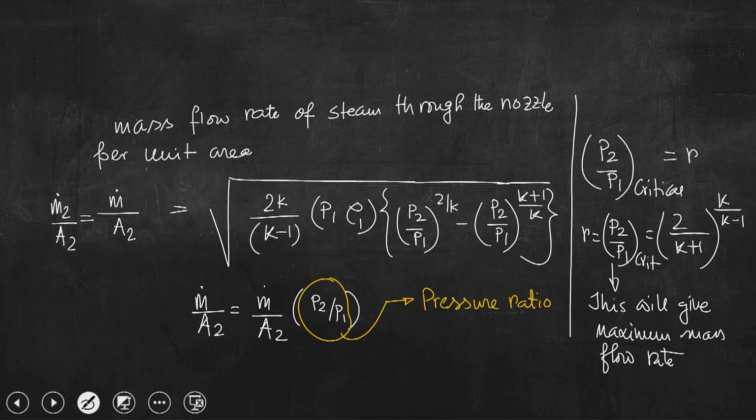Now, let us discuss today. We can see that this is the critical pressure ratio, and it depends on the value of k, that is the index of expansion for the isentropic process. When steam is passing through the nozzle, we have assumed that the flow can be modeled by an isentropic process, and following that process we mathematically modeled it, and k is basically the index of expansion for the isentropic process.